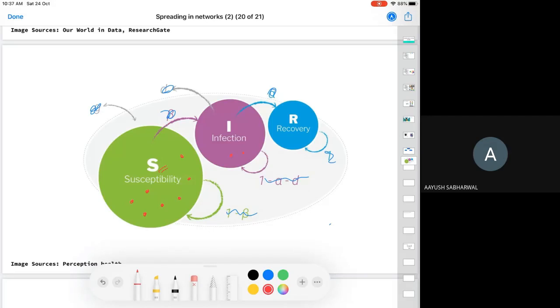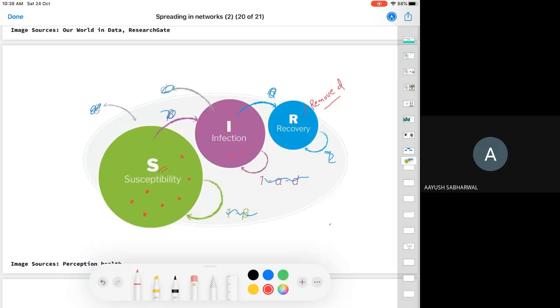And then we have the recovered nodes. I'll just add one more here. I call it the removed or the recovered chamber. This kind of modeling, we do it for those diseases in which an infected person either ultimately dies or develops a lifetime immunity against the disease, like in the case of measles.